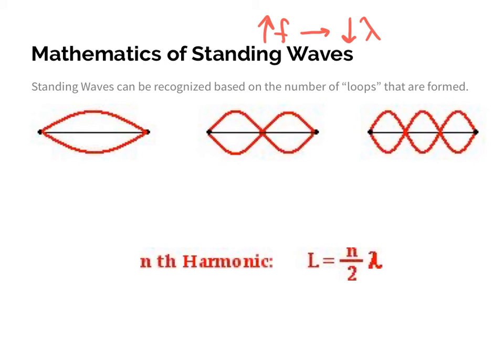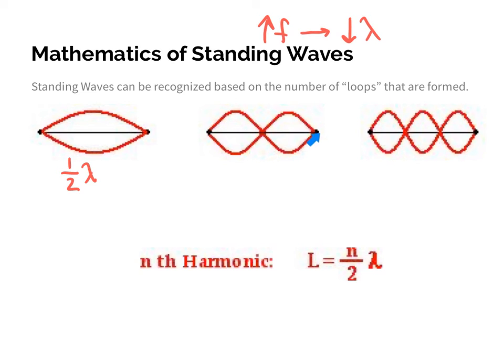So think of this first as our length of string. I want you to notice that this is the first harmonic. In the first harmonic, what we have is a single crest or a single trough. So in terms of wavelength, this is technically a half of a wave. Okay? For the second standing wave, we have now added in an additional node.